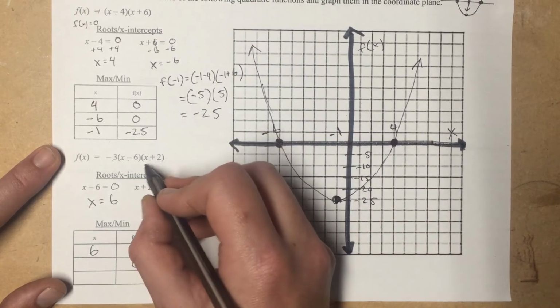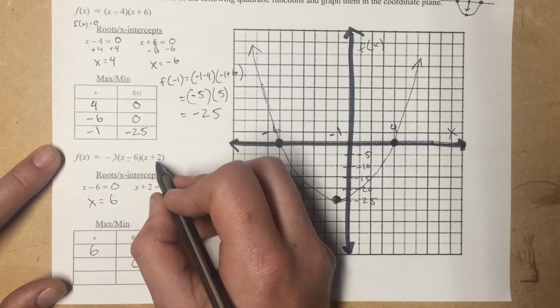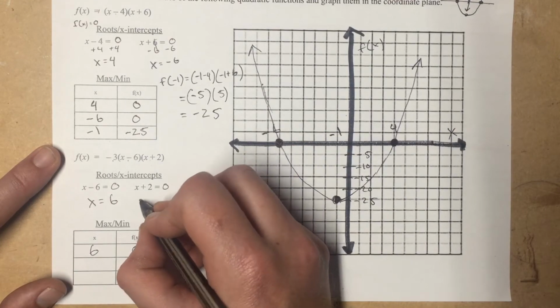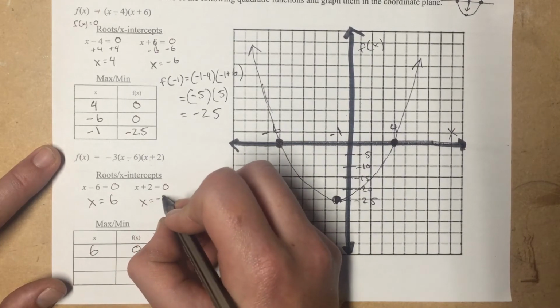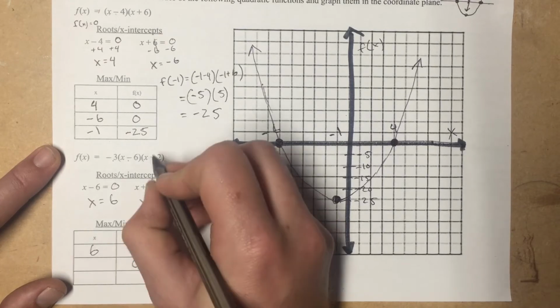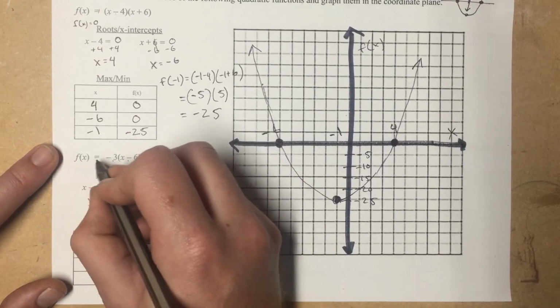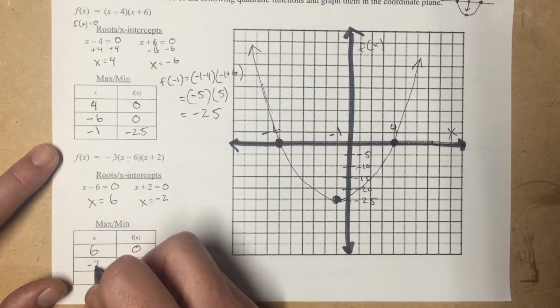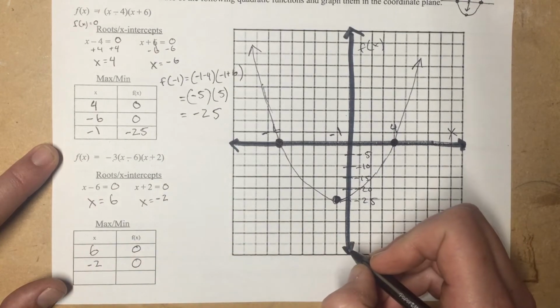Likewise, this x plus 2, we want this to equal 0. So I know that x is going to have to equal -2 for this function f of x to be 0 also. So -2 will give me my other 0.